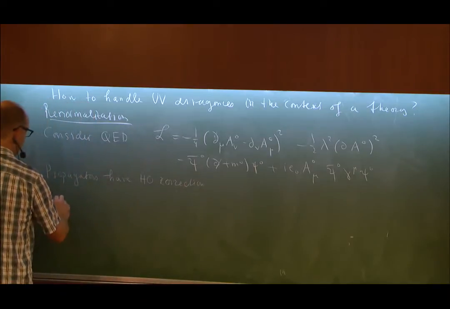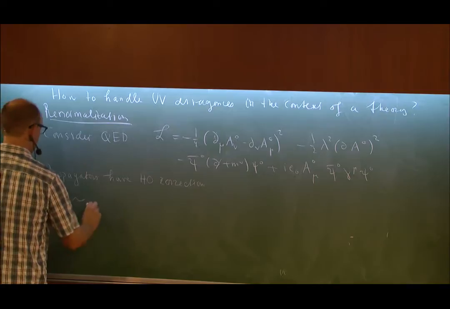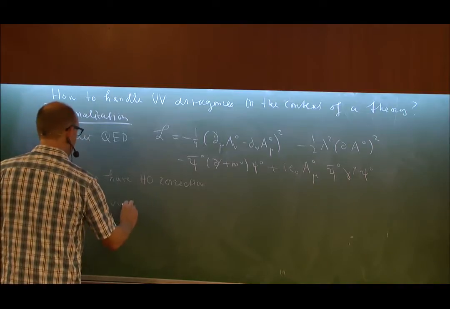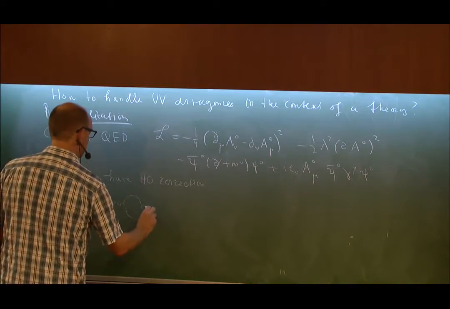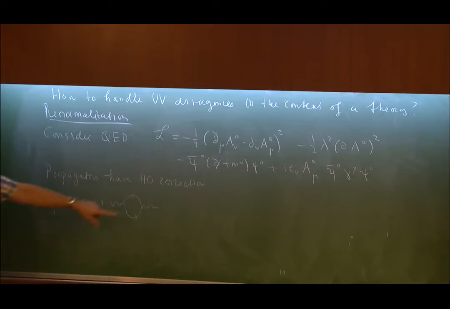For example, the photon propagator, which we always write like this, we could imagine adding this diagram, where the photon has an e plus e minus loop inside. So let's look at this diagram.